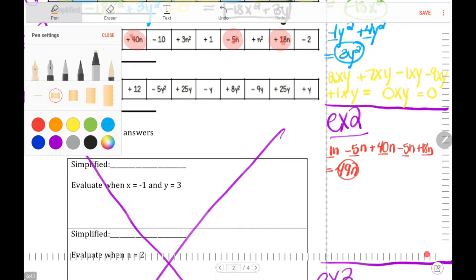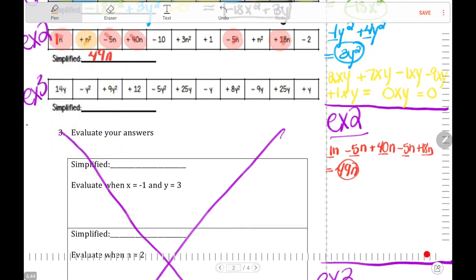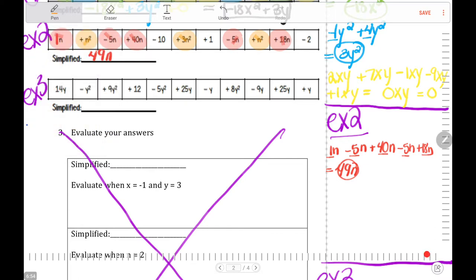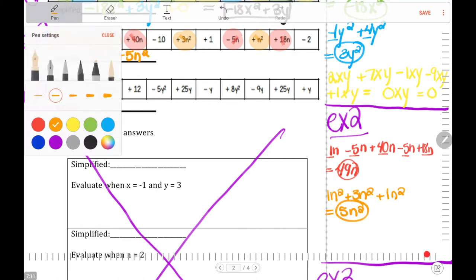Next up, I have my n squared, so I'm going to find anything else with my n squared and group that together. That gets me 5n squared. That goes in my answer. Lastly, I see numbers, or as we call those, constants.